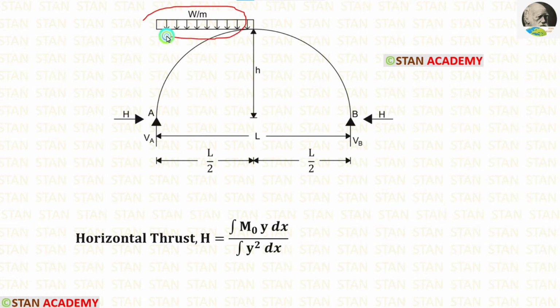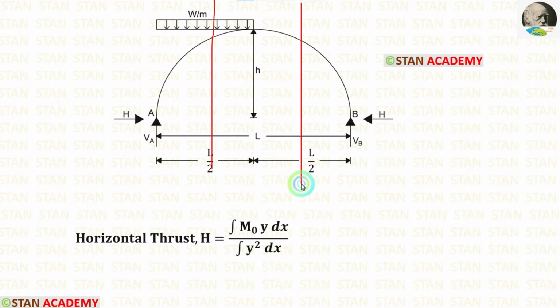On the first half, we are having UDL. On the second half, there is no load. So, we have to make two sections, one on the first half and one in the second half. So, we have to split the formula into two parts for the first section and for the second section.